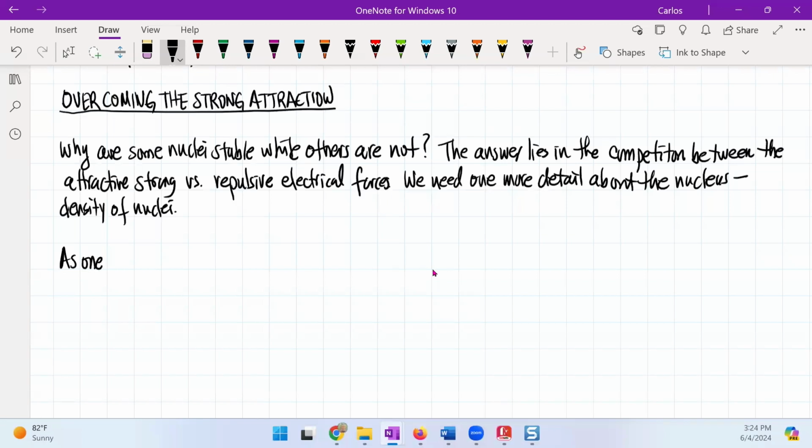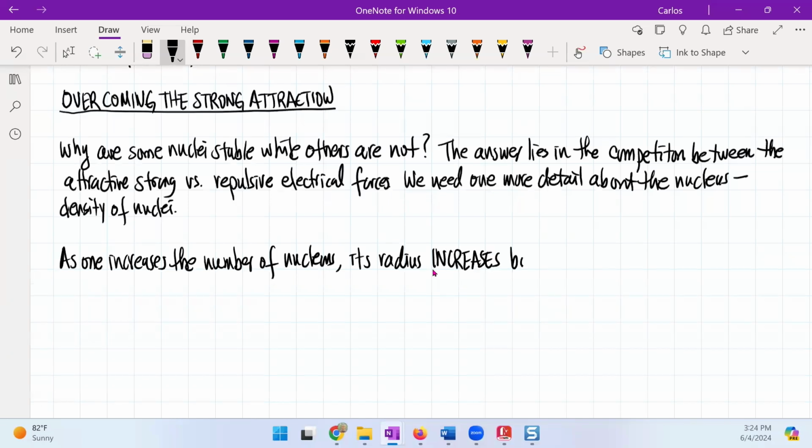As one increases the number of nucleons, its radius increases, but its nuclear density remains fairly constant. And that's surprising.